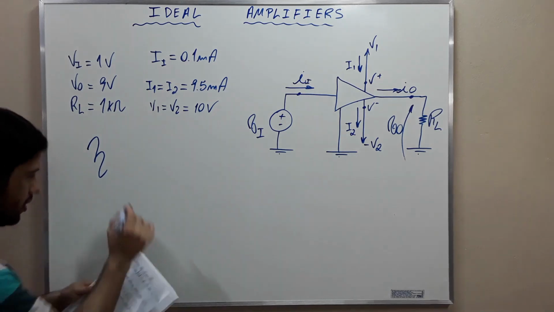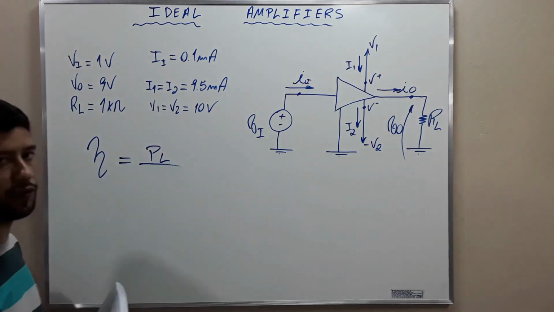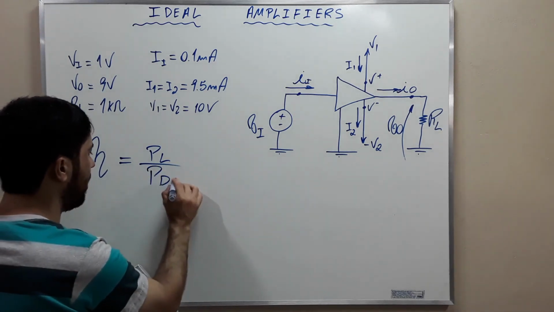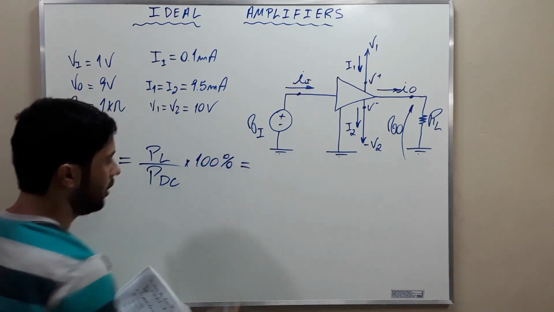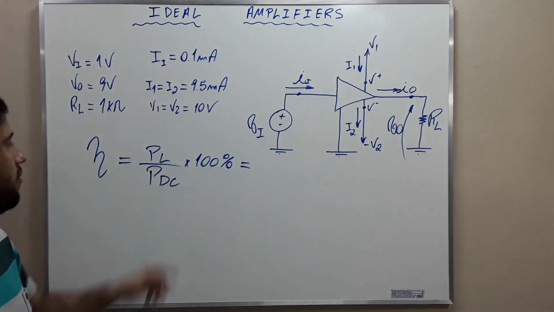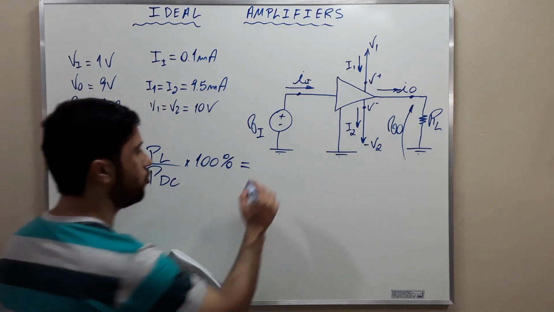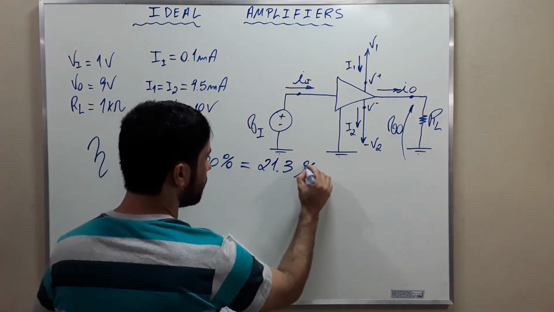The efficiency, by definition, is the power delivered to the load divided by the DC power times 100%. And we find this, if we use the values that we just calculated, we find it to be 21.3%.